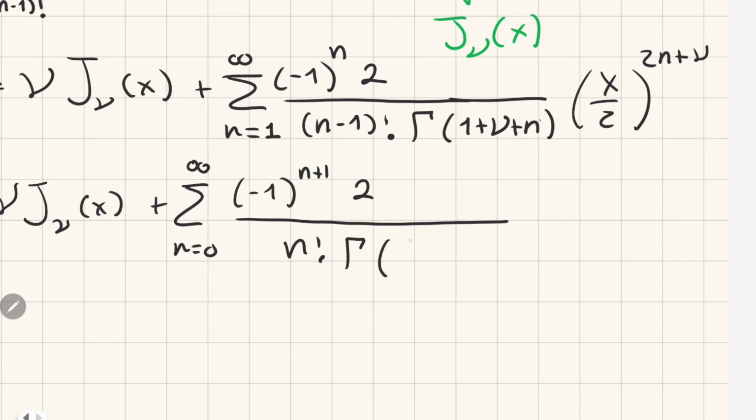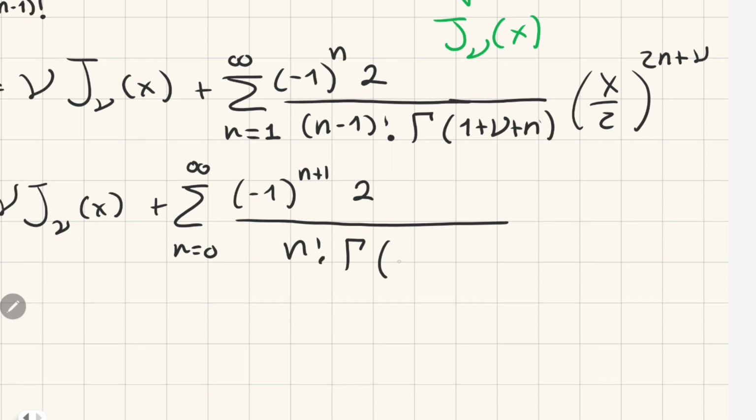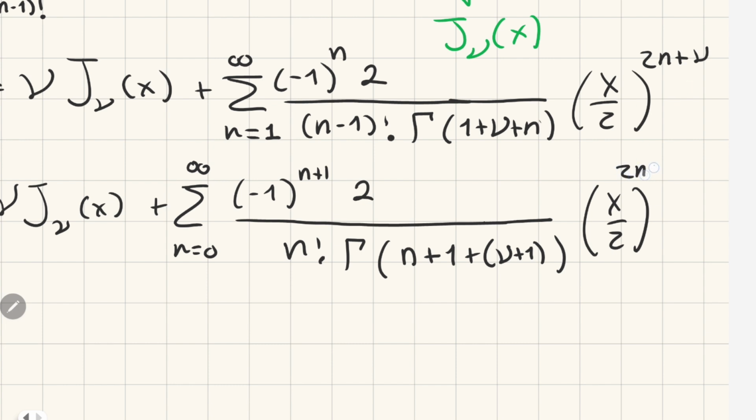We're going to leave it as 1 plus 1 plus nu plus 1. You will see why later on. And then x divided by 2, and then 2 times n plus 1 will be 2n plus 2 plus nu, right?